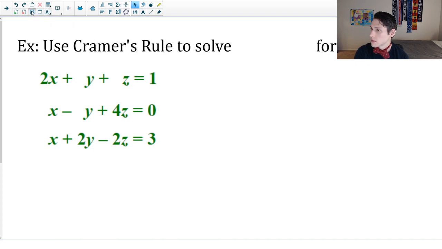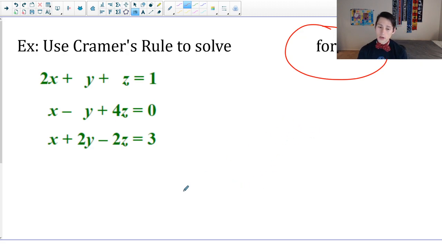Okay, so we won't do the full problem again, but let's use Cramer's rule to solve for y. That's one of the good things about Cramer's rule: it allows us to just solve for a specific thing.